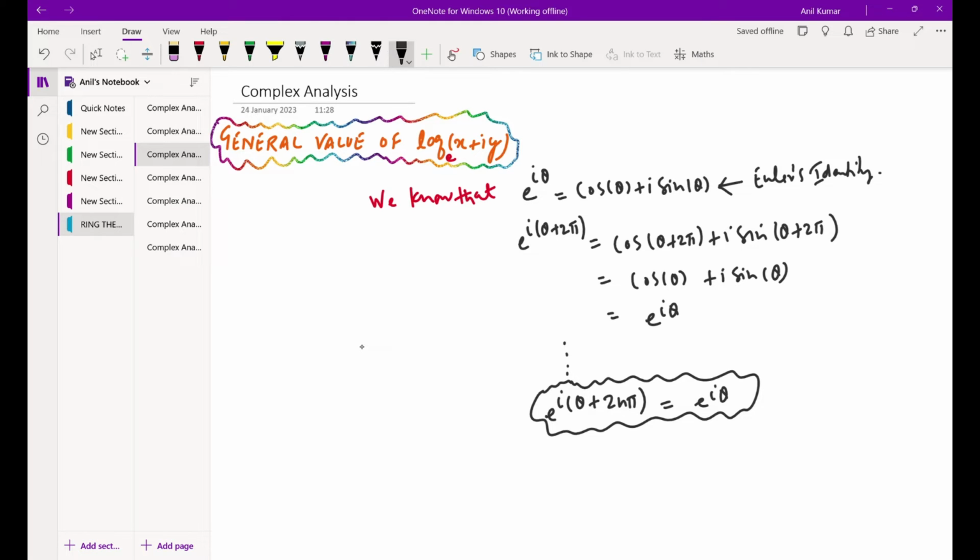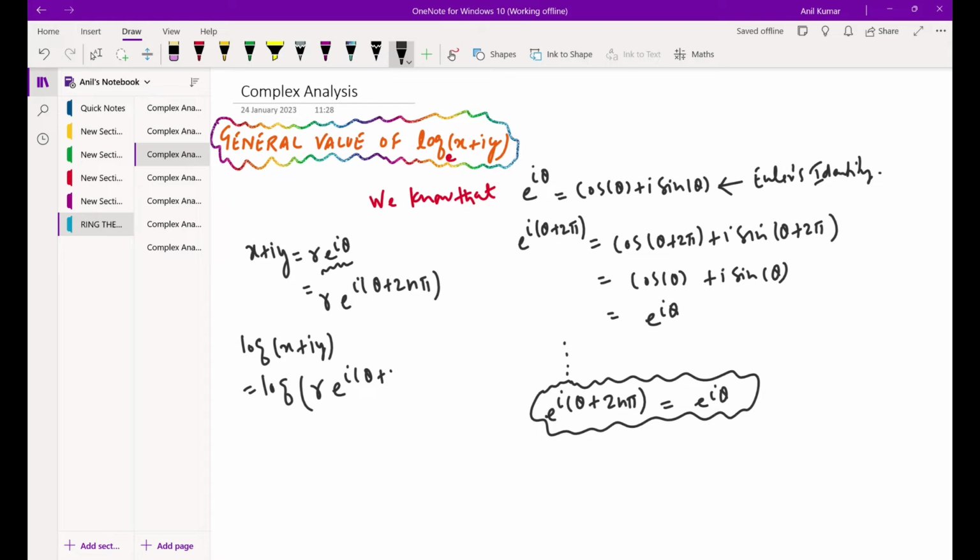So x plus iota y, as we know, can be converted to r e raised to the power iota theta, right? So we can replace this r e raised to the power iota theta by r e raised to the power iota theta plus 2n pi. So log of x plus iota y is equal to log of r e raised to the power iota theta plus 2n pi, right?